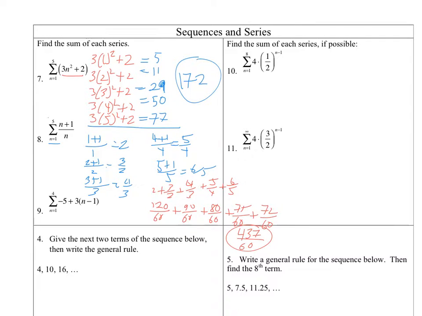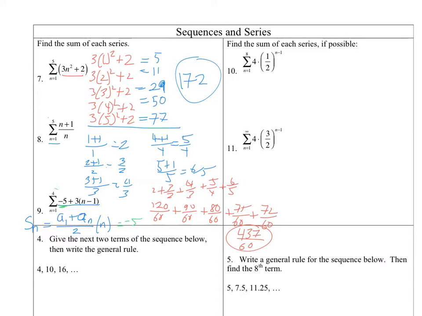For number 9, if you're feeling adventurous, we might try to use our arithmetic formula. This is an arithmetic sequence. And in that case, we're looking at first term plus last term divided by 2, multiplied by the number of terms, which in this case, first term is going to be negative 5.